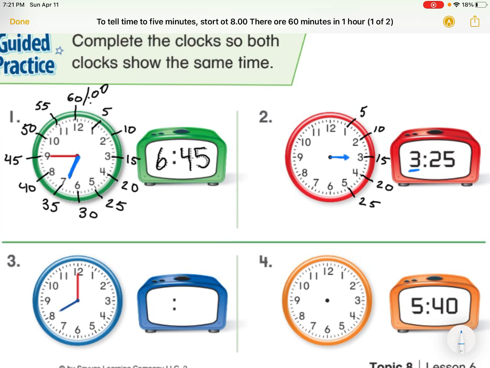And again, the minute hand is the longer hand. So your clock should look like mine. It is 3:25. Again, please make sure that you count by fives and you show that on your clock so it helps you tell the time.